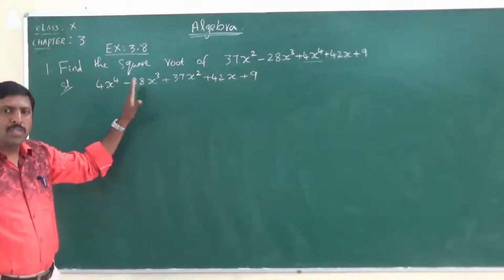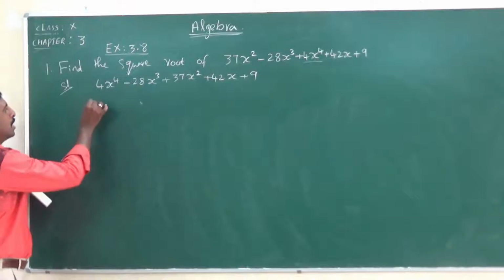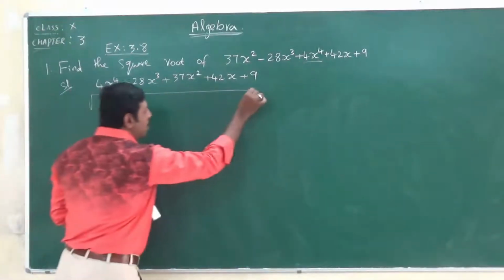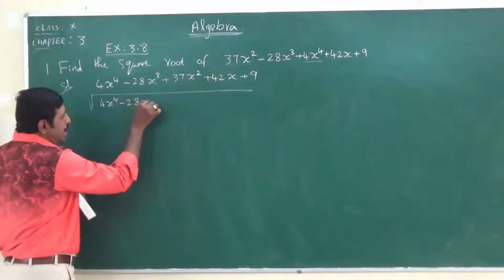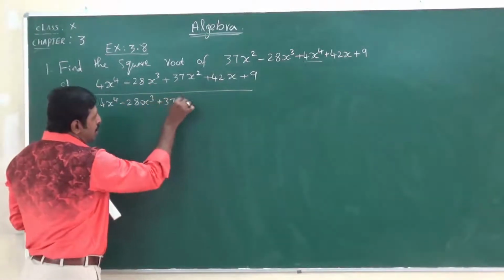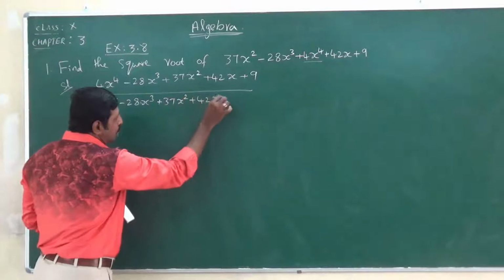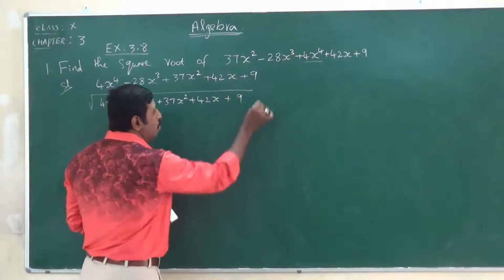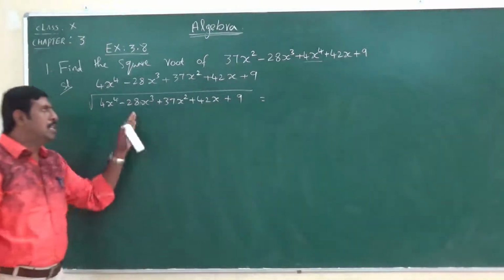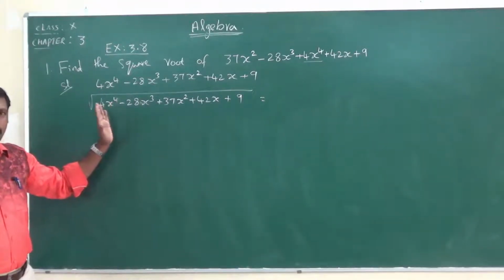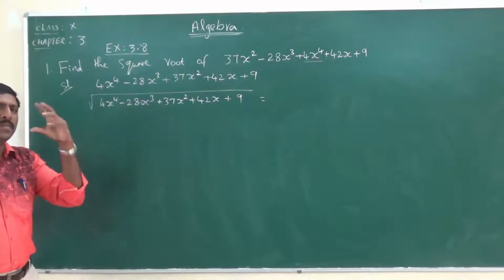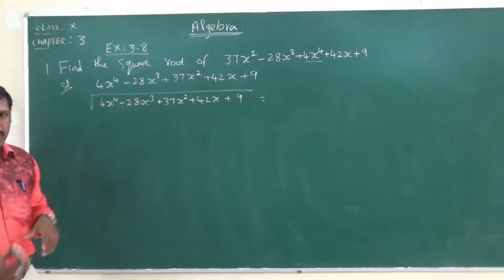Now we want to find the square root of this expression. So we take the square root of 4x power 4 minus 28x cube plus 37x square plus 42x plus 9. Here, we are going to take only the coefficients of the variable. It is a very simple and easy way to find the square root.